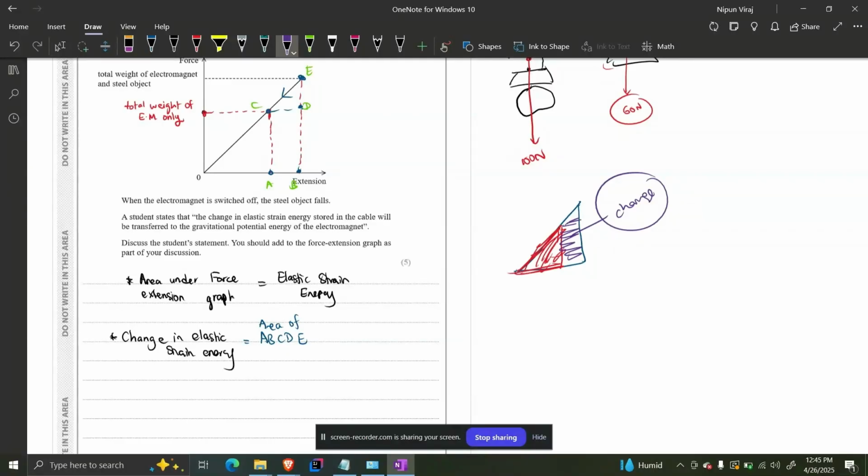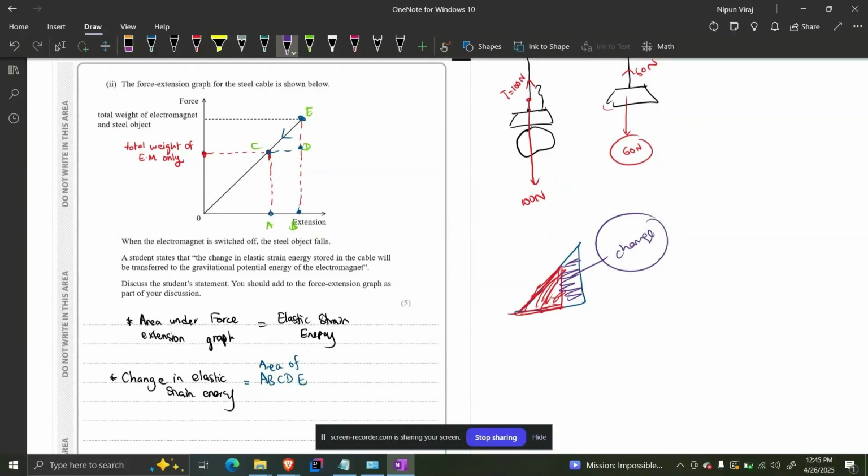Then, what about the change in gravitational potential energy? How can you calculate that? Now, initially, what was the gravitational potential energy acting? There's a weight difference here, right?